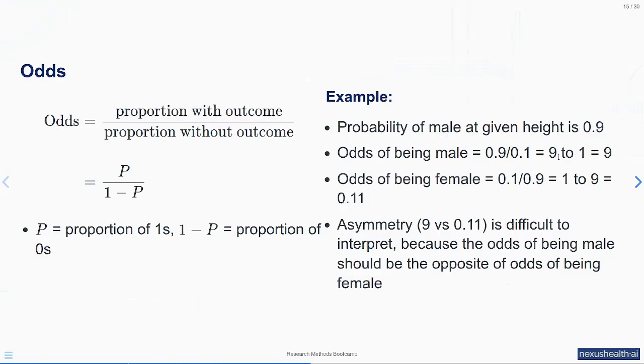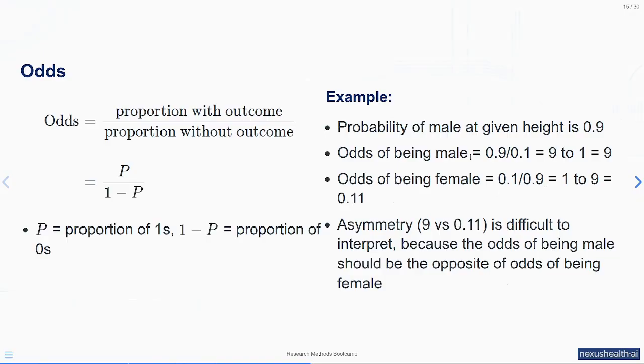The odds of being female is given to us as 0.1 divided by 0.9. That is 1 to 9, which is 0.11. But there's a problem now. We would have expected that the odds of being female would just be the complement of the odds of being male.